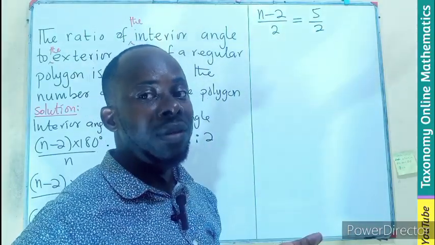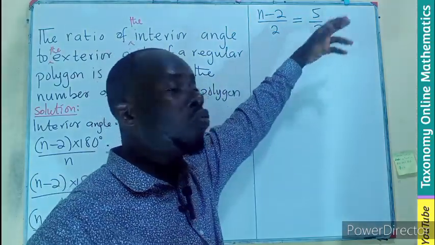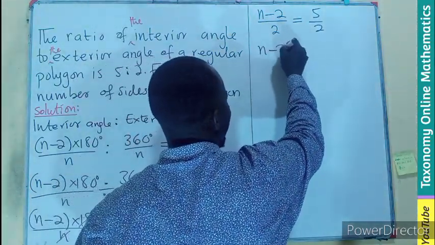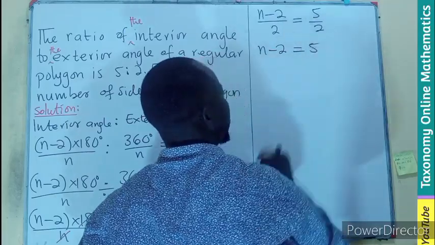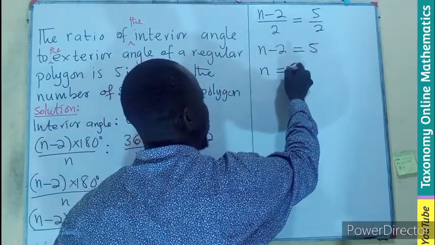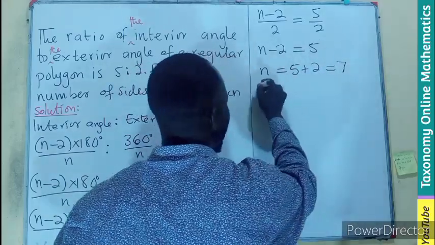Or you find the LCM and multiply through. If you multiply by the LCM, the 2 will cancel, remaining only n minus 2 equals what? 5. So here we transpose. So n will be equal to 5 plus 2, which is 7.